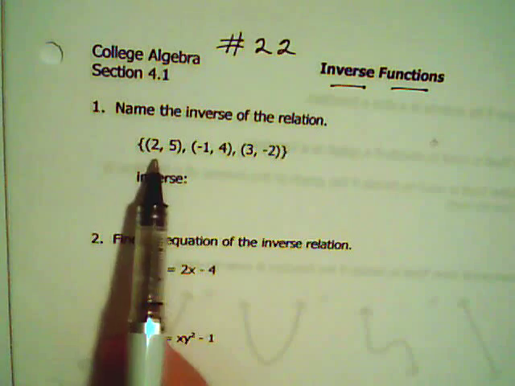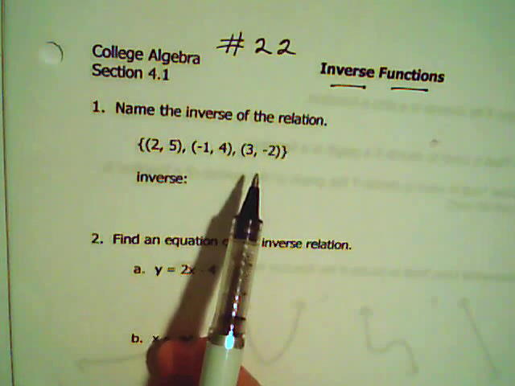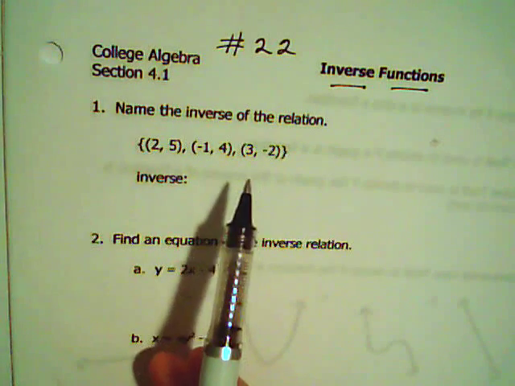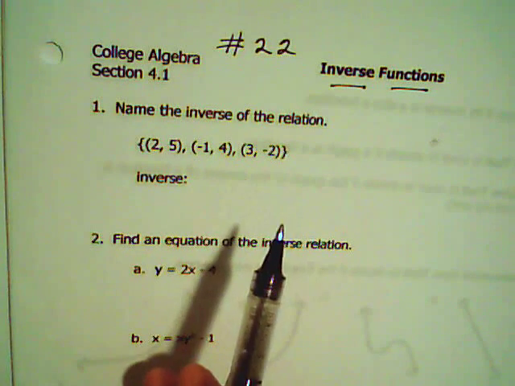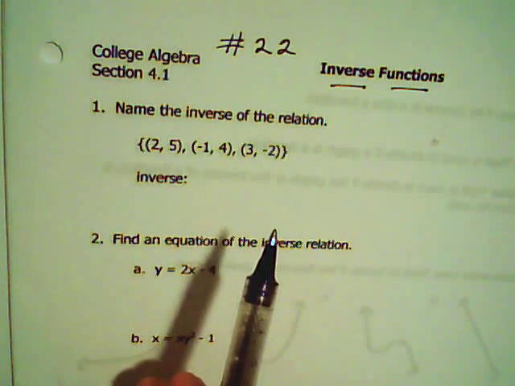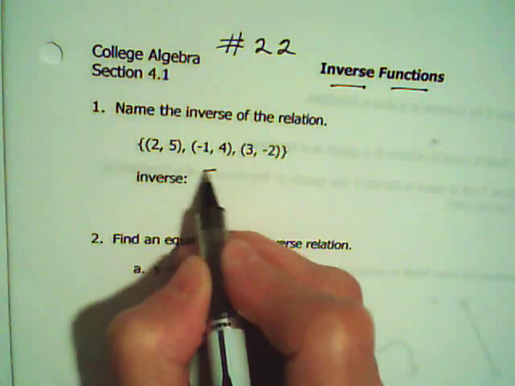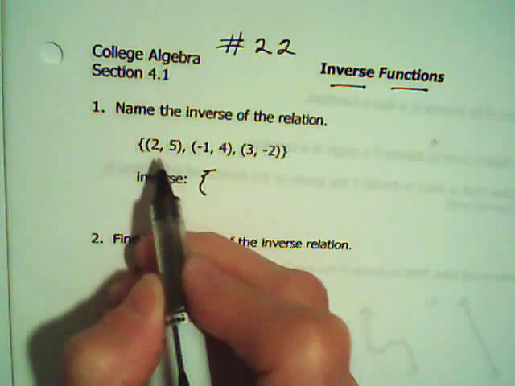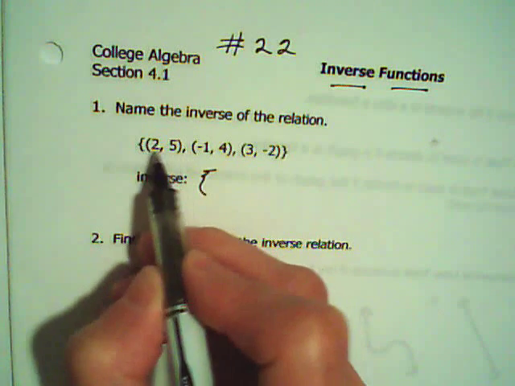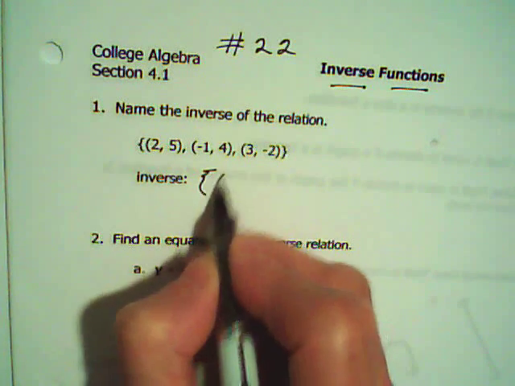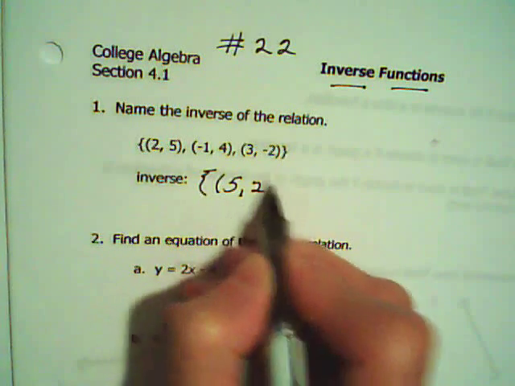If you have a set of ordered pairs, to find the inverse of that relation, you're simply going to interchange the x and the y. So now, my inverse will be the reversal of these first points. Instead of (2, 5), I'll have (5, 2).